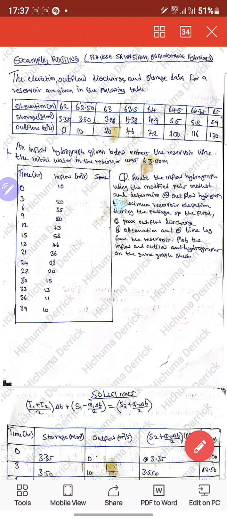I will talk about this in part 2 of the video. C, the peak outflow discharge, D, attenuation, and E, time lag. These are some of the key terms which we defined in the previous lecture: attenuation and time lag. From the reservoir, plot the inflow and outflow hydrograph on the same graph sheet.